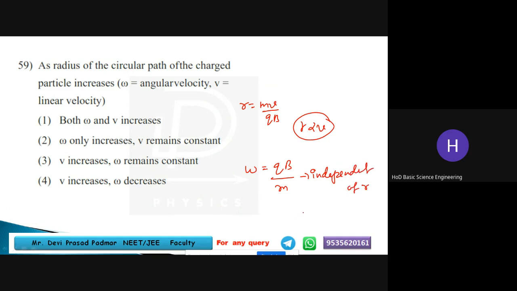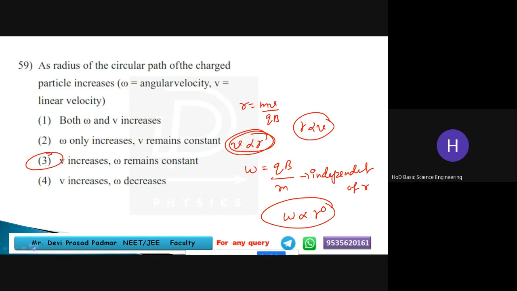That means omega is proportional to r to the power 0. So v is directly proportional to r. That means v increases, but omega remains constant. Third option.